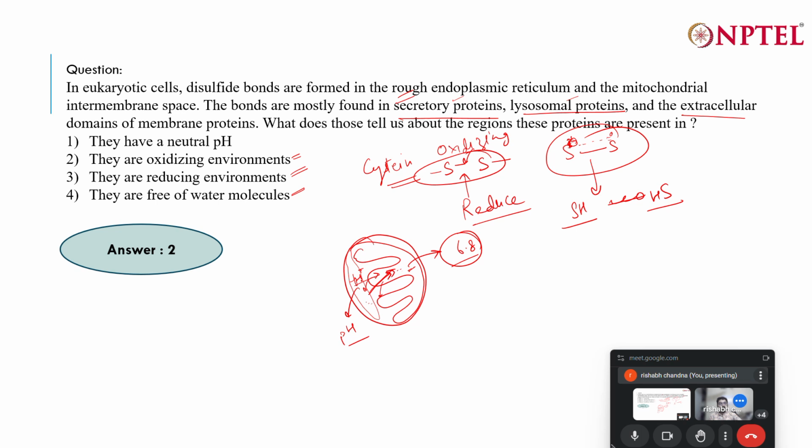Is it fine? And is the same pH in the endoplasmic reticulum? No, 7.2. In the endoplasmic reticulum, the disulfide bridges are formed there itself.